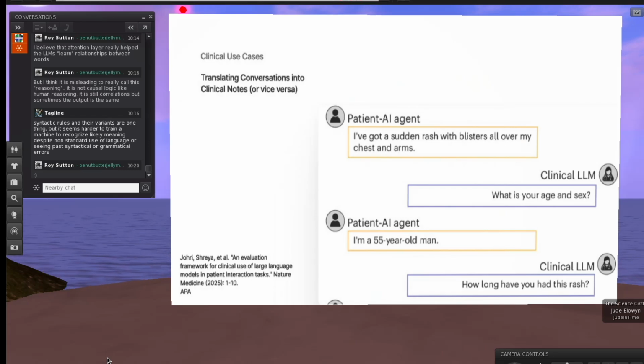So in this case, the patient said that they have a rash with blisters and all that. The LLM deemed that it was important to ask the patient first off for their age and to get their demographic information, things like their sex. And then it was able to go back to the conversation and ask, how long have you had this rash, and things like that.